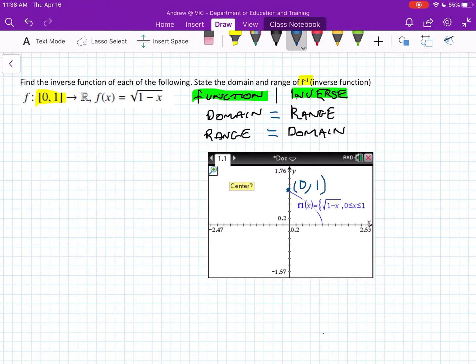You can also work this out if you substitute x equal to 0 into your equation. It'll give you the y value, and then you know one of your endpoints.